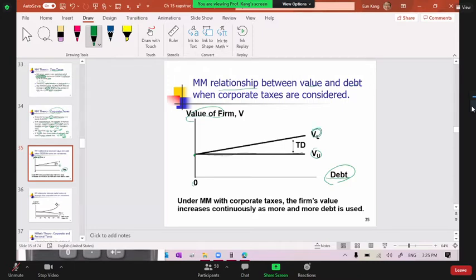The VL goes up just by the amount of TD. So the more debt, the higher the value. Pretty strange, right? So under MM with corporate taxes, the firm's value increases continuously as more and more debt is used. Pretty much a strange conclusion.